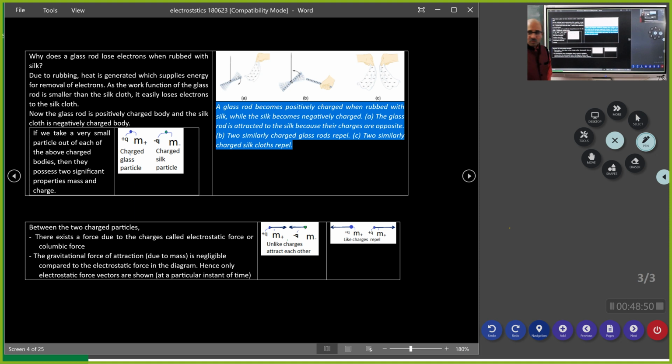Here I am showing you only two force vectors, which correspond to the Coulombic forces. Of course, I should show two more vectors here, the gravitational force, but that is insignificant. Here also I should show the two gravitational force vectors, but that is insignificant, so I am not showing them.